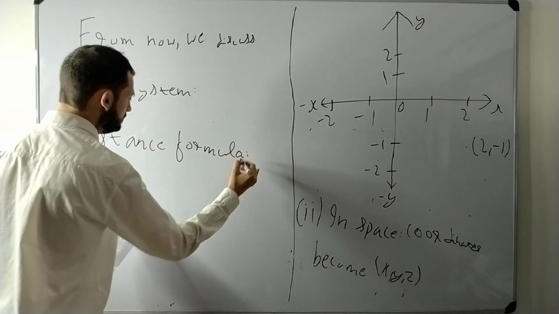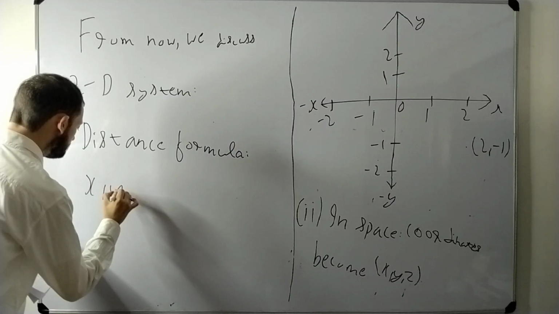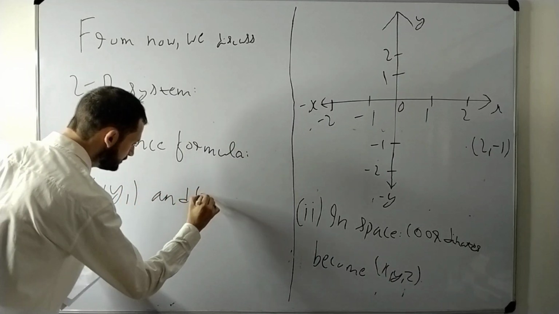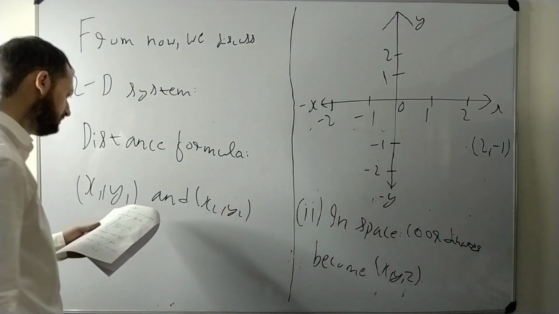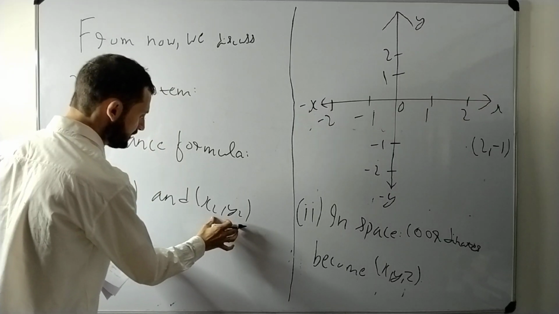Distance formula: x1, y1, and x2, y2. This is the final point here, x2, y2.